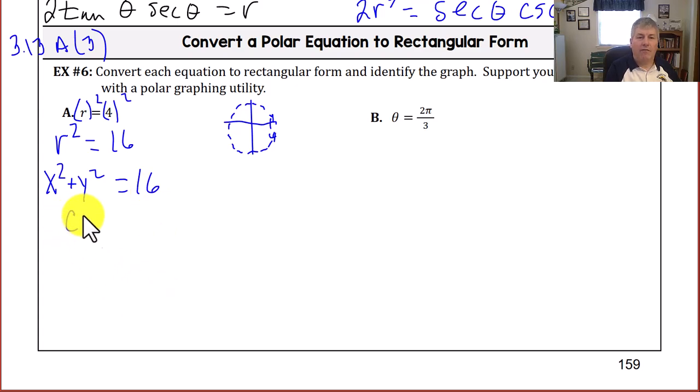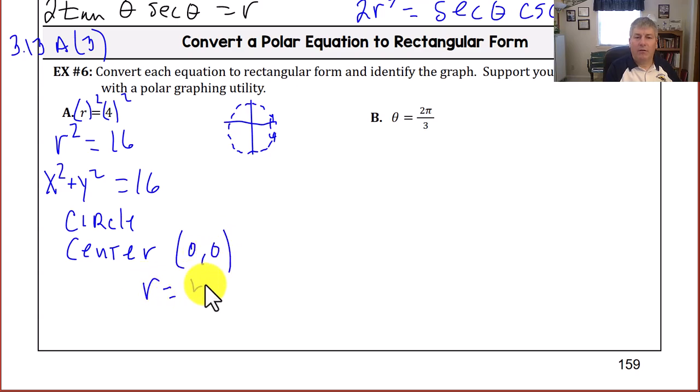And sure enough, that is a circle with the center at the origin at 0, 0 with a radius of 4. And so we have the same picture on our polar plane as we would on our rectangular coordinate plane.